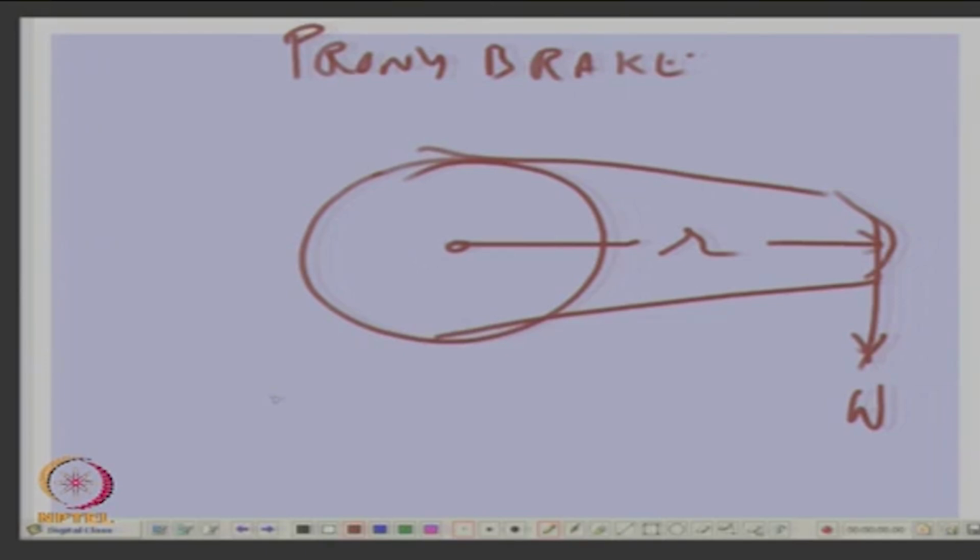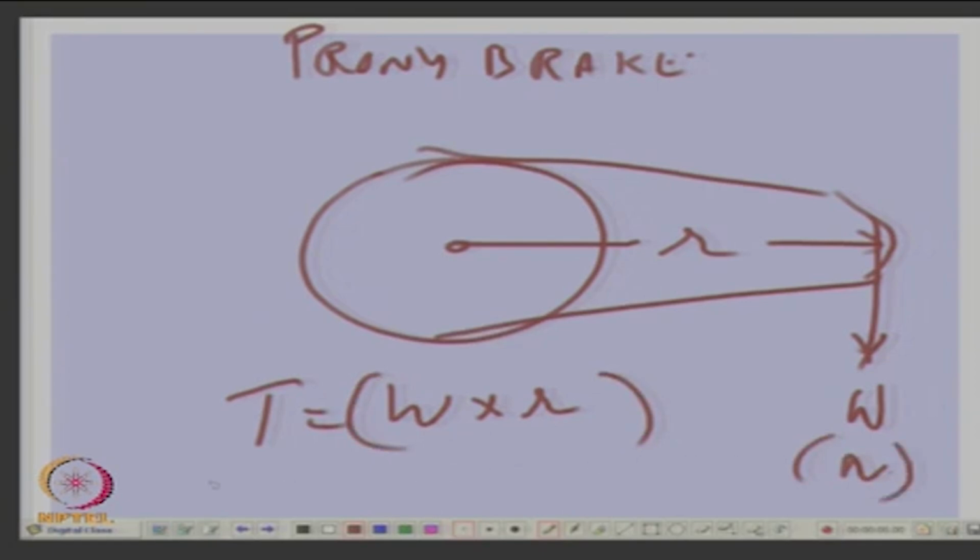So, the torque will be equal to W into R, where W should be in Newton force. And also you have of course, other thing, DC dynamometers.